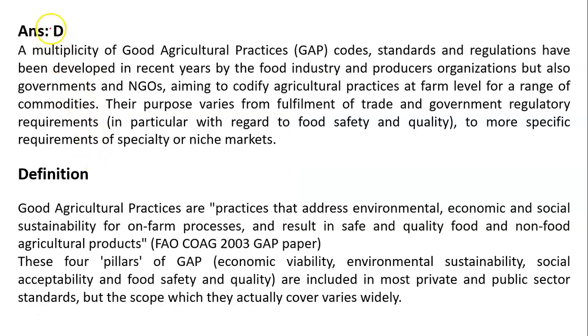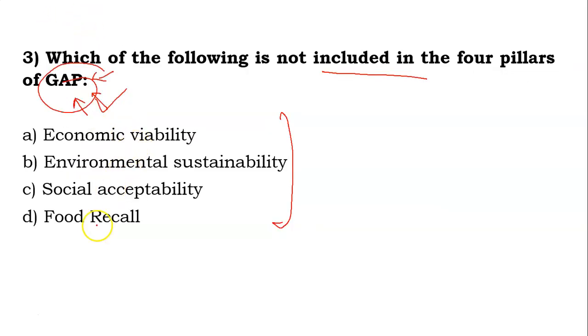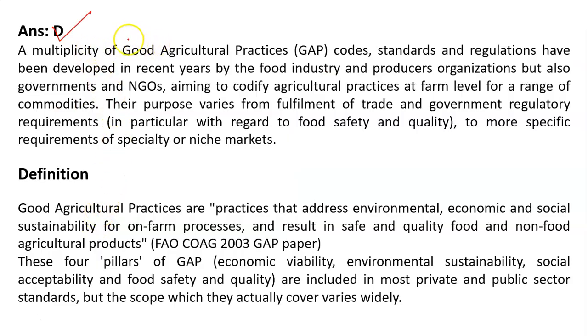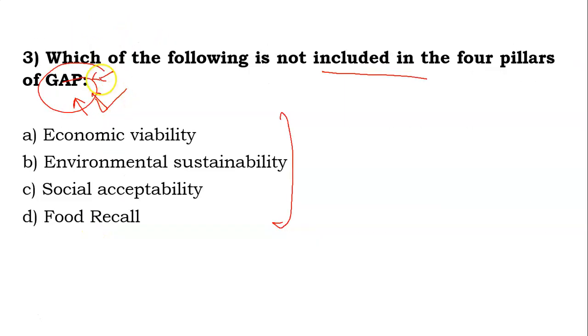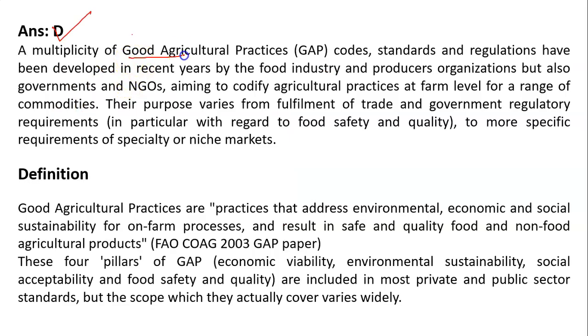Its answer is D. First of all, the full form of GAP is Good Agricultural Practices, Good Agricultural Codes, Standards and Regulations.